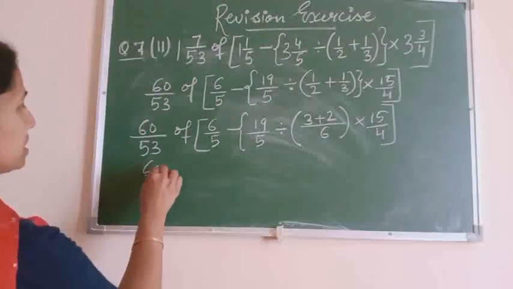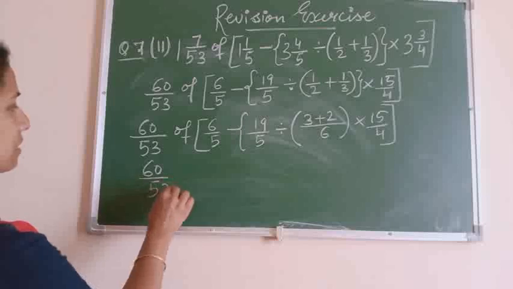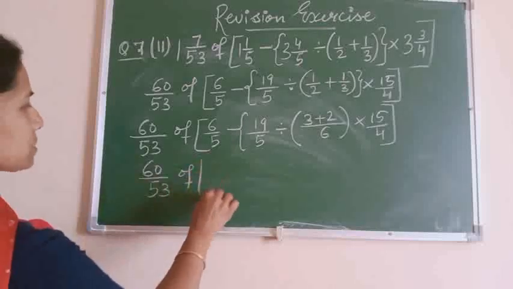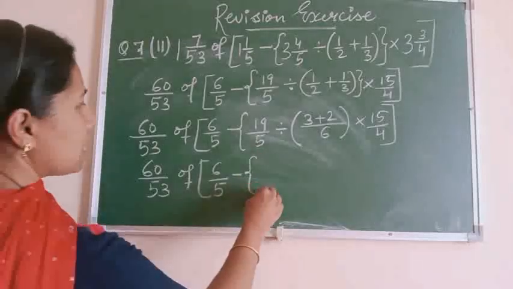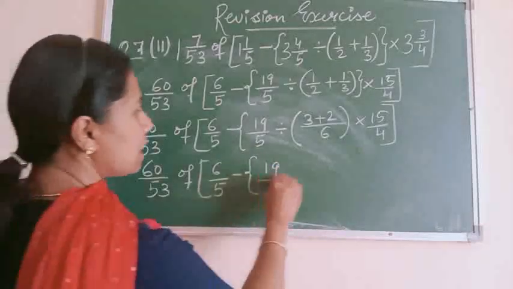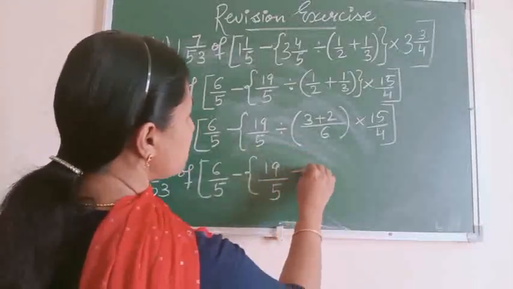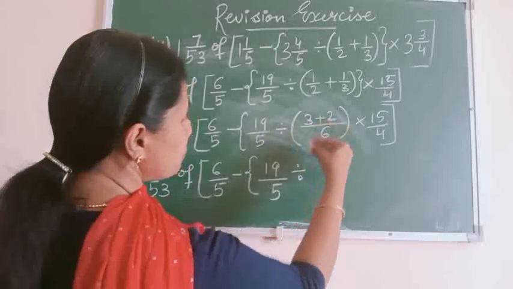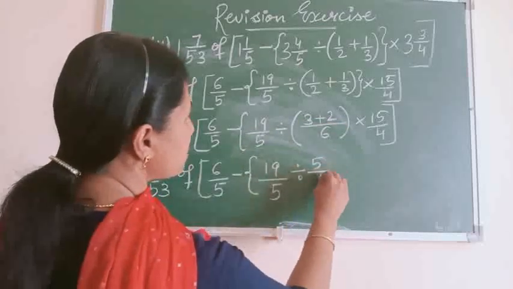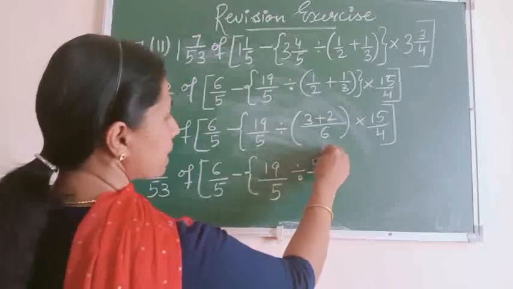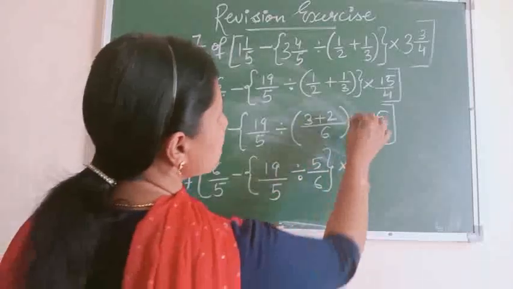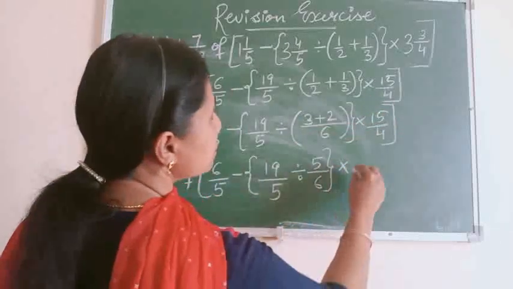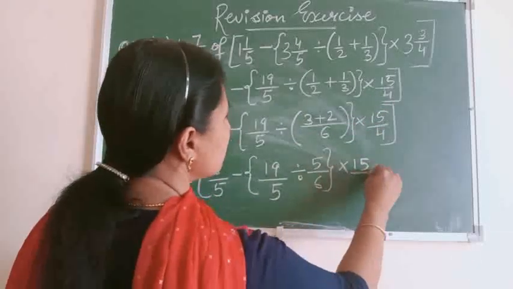Now 60 upon 53 of square bracket 6 upon 5 minus curly bracket 19 upon 5, here division, divided by 3 plus 2, 5 upon 6. Here we open the small bracket. Now curly bracket, into 15 upon 4.